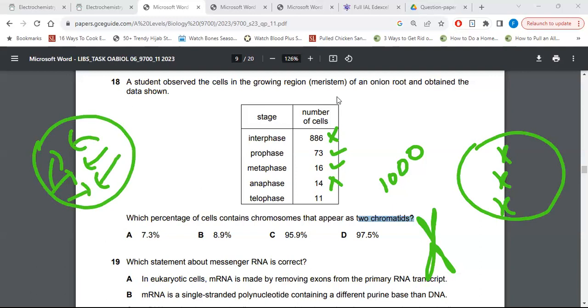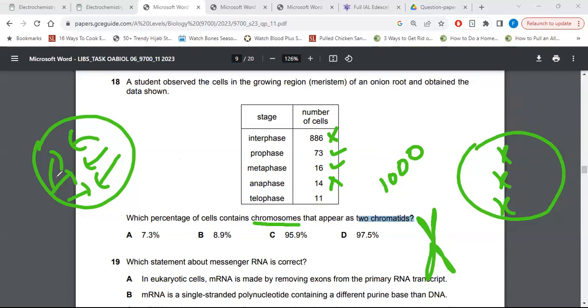They're no longer attached to each other, the chromatids. So even though I can see the chromatids, I won't see them together as a chromosome. In prophase, I will see a whole chromosome with two identical chromatids. In metaphase, I will see the chromosomes arranged on the equator with two identical chromatids, but not in anaphase because I have now pulled them away from each other and they're no longer together.